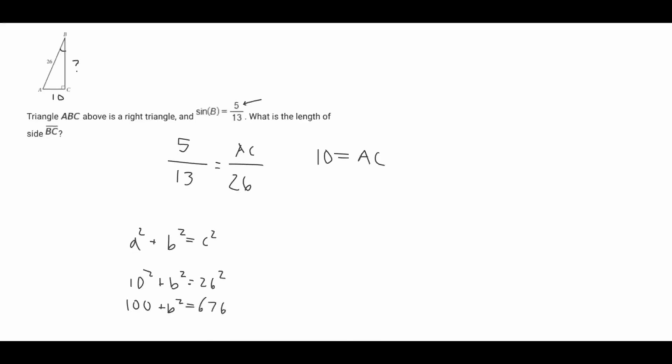If we rearrange this equation, we get B squared equals 576. If we take the square root of both sides, we find that B is equivalent to 24. And therefore 24 is our answer, which is the side length of side BC.